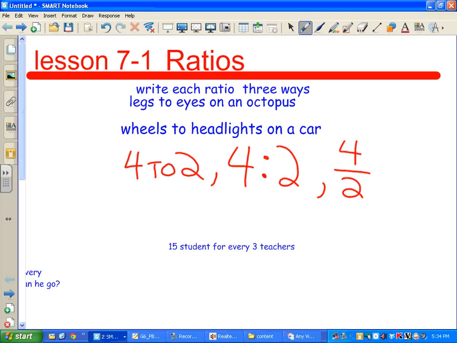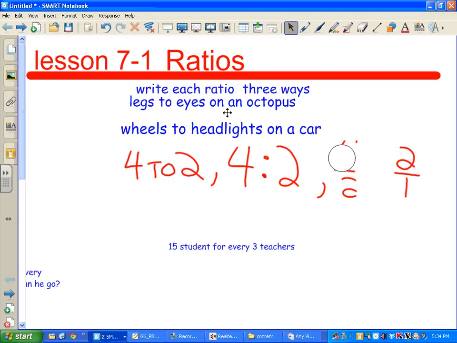I can solve some problems by rewriting that 4 over 2 the way I rewrite any fraction. I can rewrite it as simplified, 2 to 1. There's a 2 to 1 ratio between wheels and headlights. More on that a little bit later. Okay?